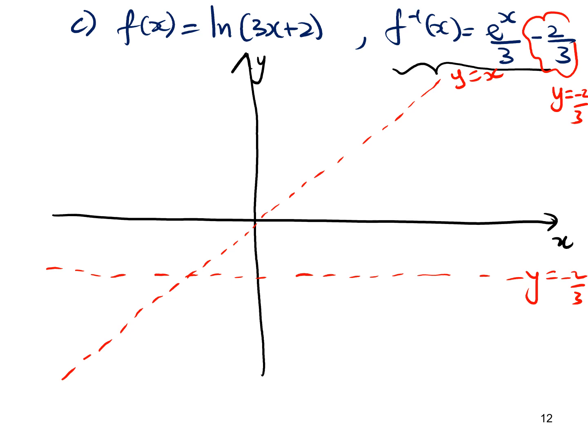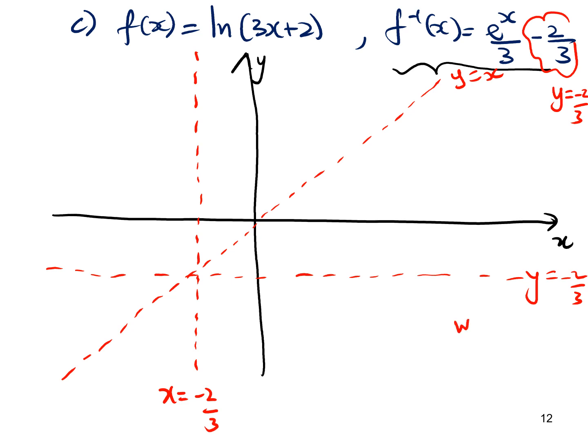And at the same time you have to draw x equals negative 2 over 3. Then look at this exponential graph. This graph intersects at y, so you have to find the value of y.